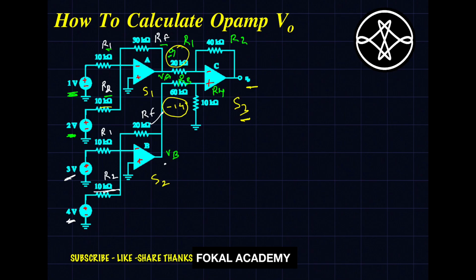Just follow the values properly. So R1, R2, R3, R4. For a difference amplifier there is a standard formula directly for finding the output voltage V0.